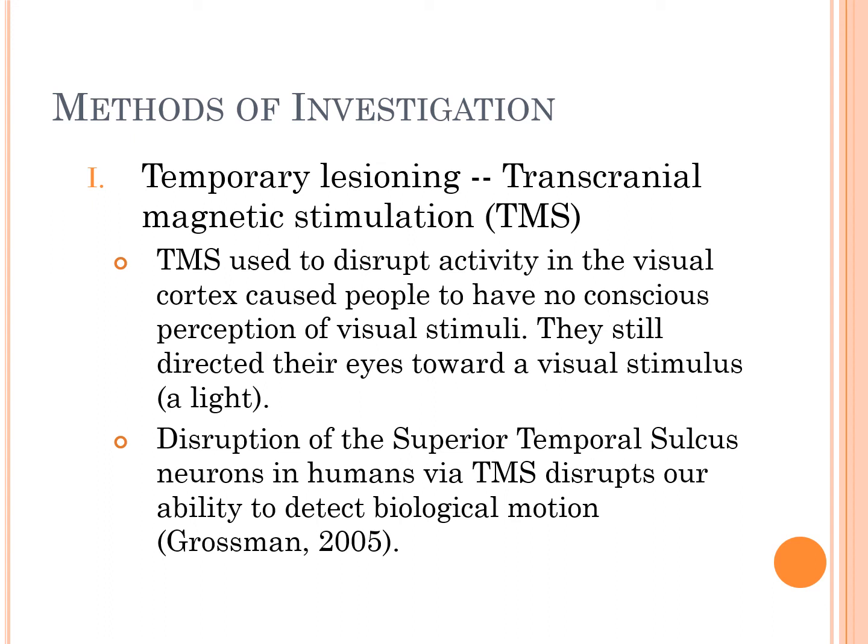And Grossman had it so that there were also lights on the screen that were moving randomly, and we can make it so that we can see biological motion even if there's a lot of random lights on the screen moving randomly. We can still see the person within those fake lights.